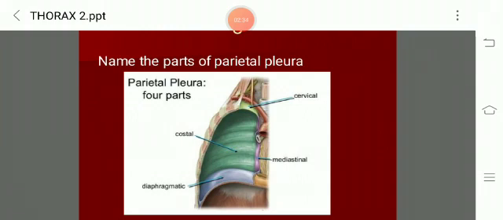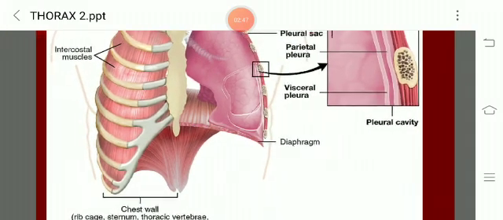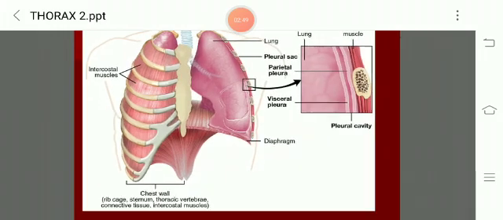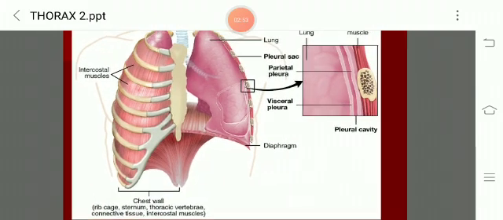This costal pleura becomes continuous with the diaphragmatic pleura by a line, and that is what is termed as a costo-diaphragmatic line of reflection. Fine. So you are seeing the same thing. Based upon the position, we can divide the parietal pleura into cervical, costal, diaphragmatic and mediastinal.